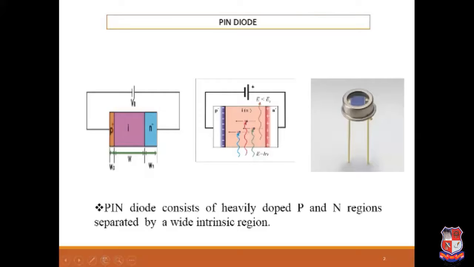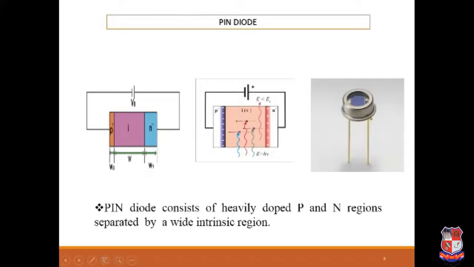Intrinsic is in pure form and the extrinsic semiconductors are your P and N. In this diagram, when P is connected to negative and N is connected to positive, the PIN diode is connected in reverse bias. Later, in the next slide, we will understand its working. This is the actual photo of how the PIN diode looks. The PIN diode consists of heavily doped P and N.